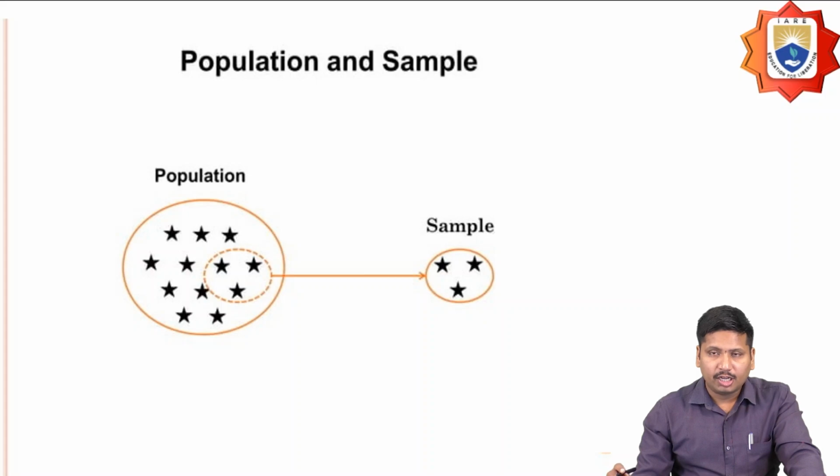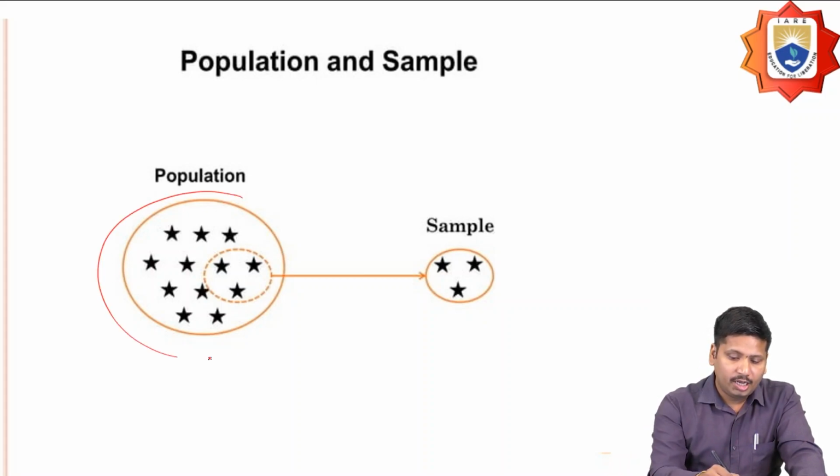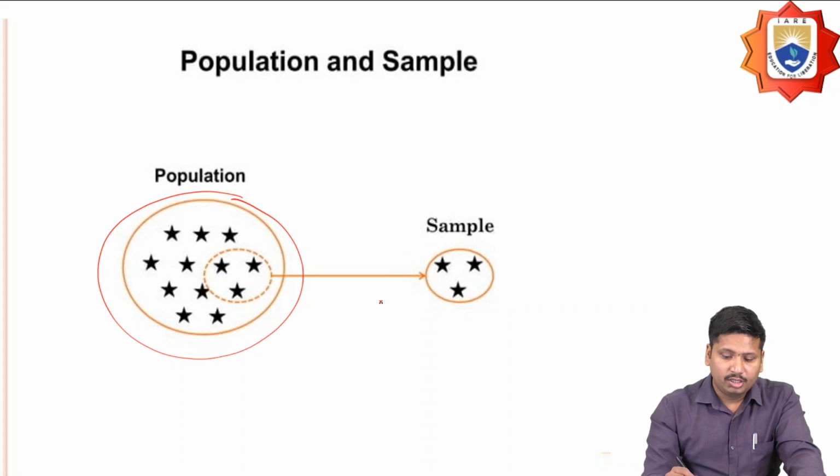By seeing this, you can clearly understand what the population is and what the sample is here. This entire thing should be treated as a population. It is assumed that India has so many people, with so many members coming from AP and Tamil Nadu and Uttar Pradesh and Jammu and Kashmir, like this.